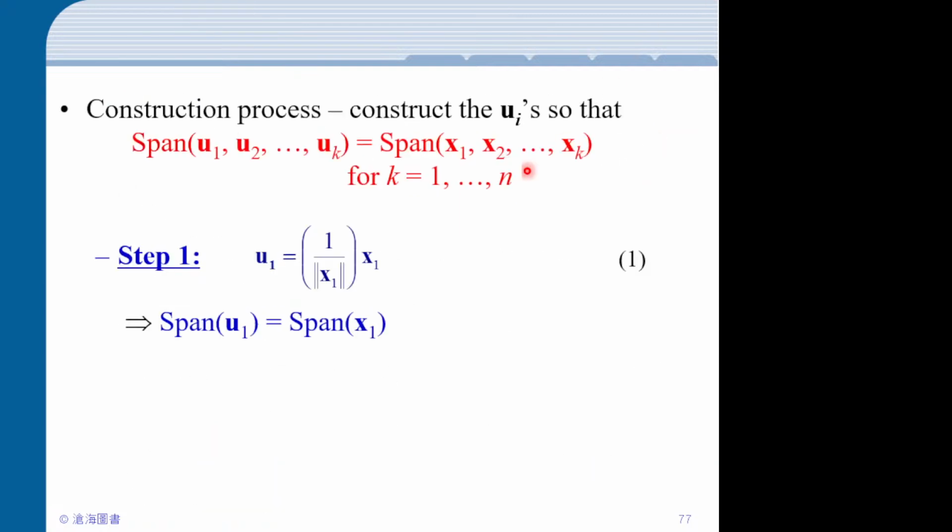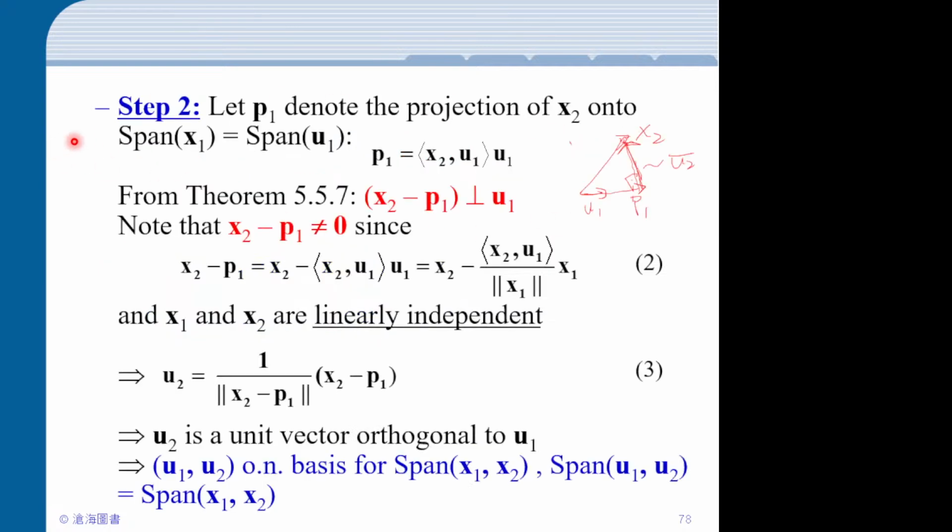And the second thing is we need to check that this induction thing we have is also true. Here we just say U1, U2 is orthonormal, so it's also an orthonormal basis of something. And it's an orthonormal basis for what?